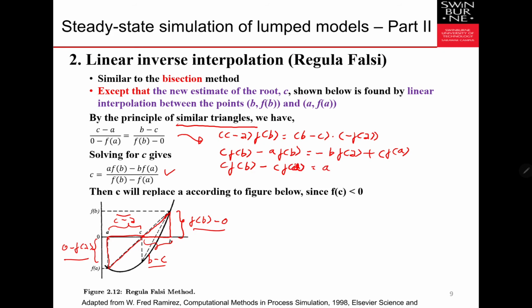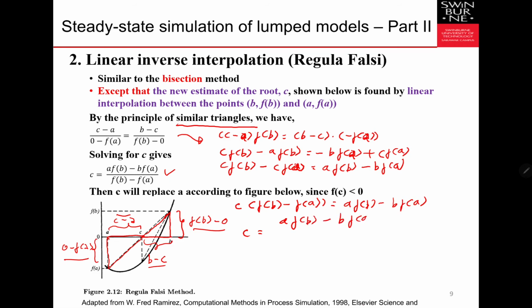C times (FB minus FA) will be equal to AFB minus BFA. So C will be equal to (AFB minus BFA) divided by (FB minus FA). That's how you get this particular formula.